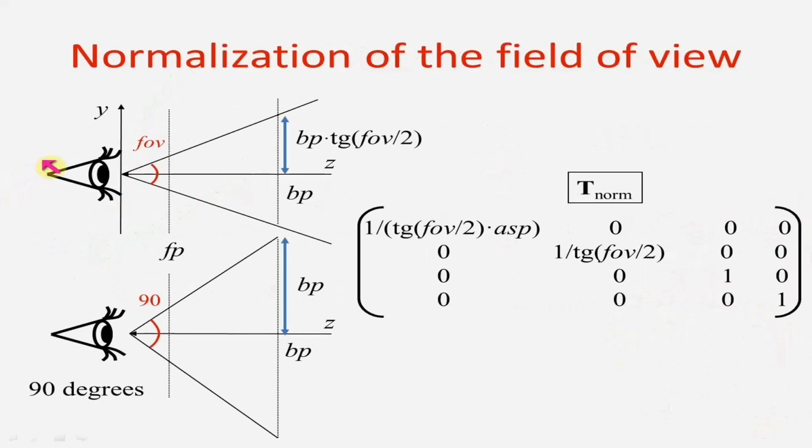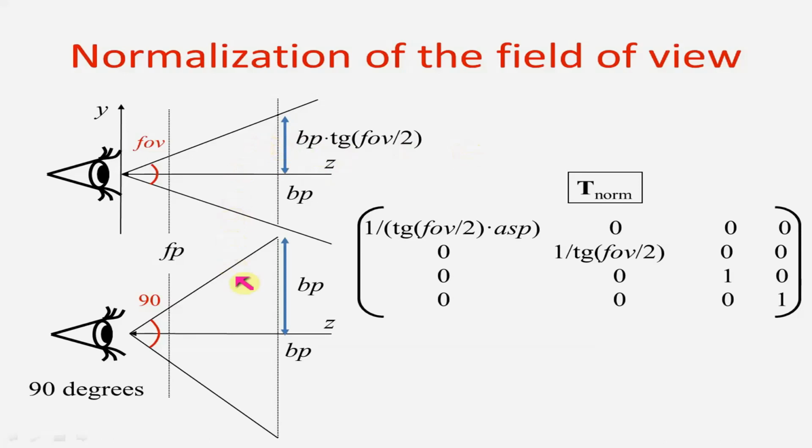In camera space, the camera is in the origin and the main viewing direction is axis -z. The normalization step distorts the space to make the viewing angle equal to 90 degrees. This is a scaling along axis y and x. Considering scaling along axis y, before the transformation, the top of the viewing pyramid has y coordinate that is equal to the distance of the back clipping plane multiplied by the tangent of half of the field of view angle.